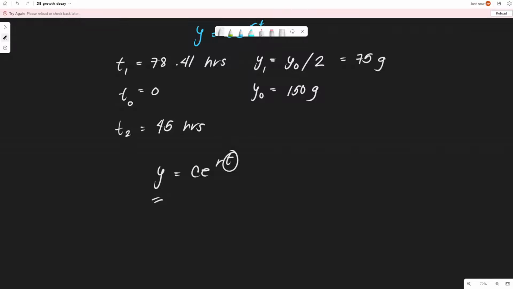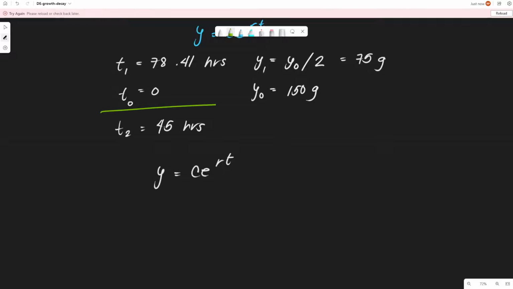What can we solve first, the r or the arbitrary constant? Remember, C is the arbitrary constant. In other books they call it the coefficient of decay, or growth coefficient or decay coefficient, but let's just call it our arbitrary constant. So it is not r that we compute first, but rather C.